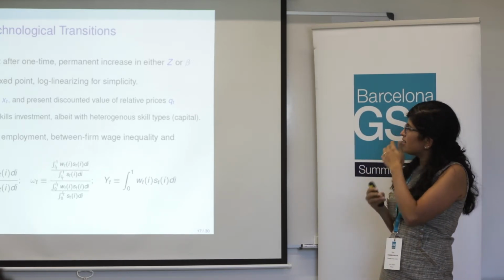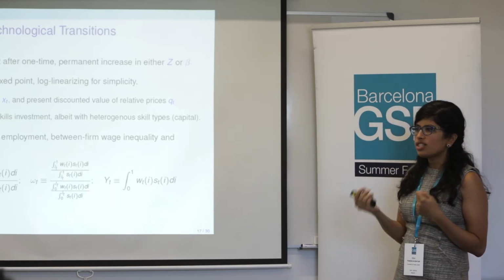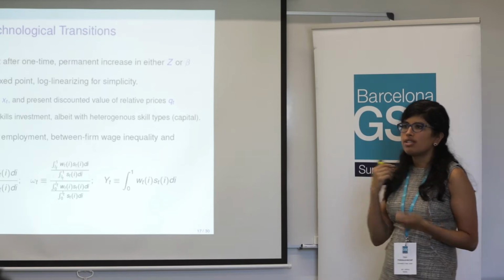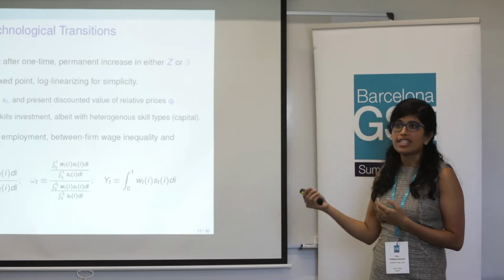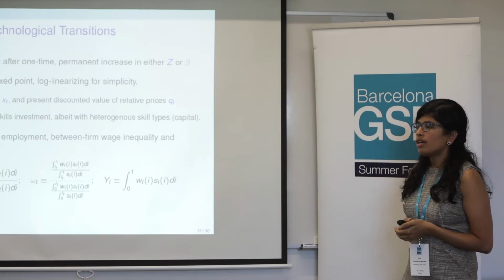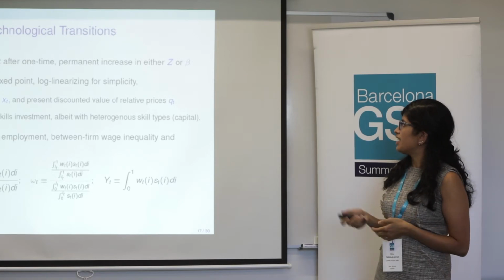And this is a little bit like a Q theory of skills investment. So basically, when Q is high, the marginal value of an additional worker moving to the high skilled firm, firm 2, is high, and so you increase investment.